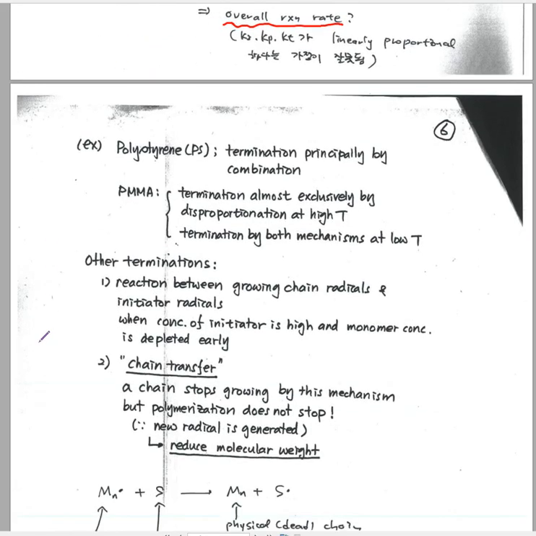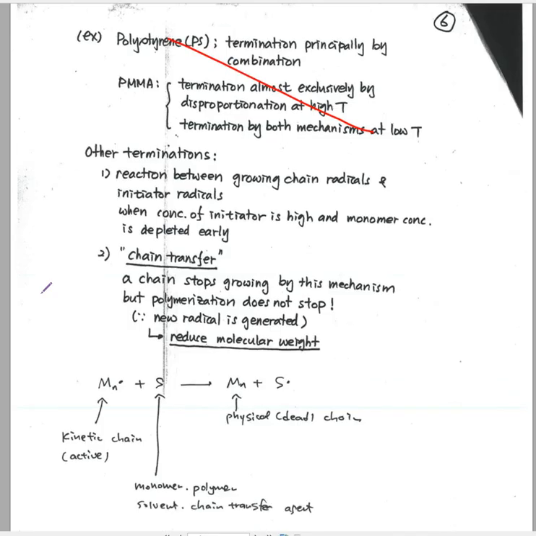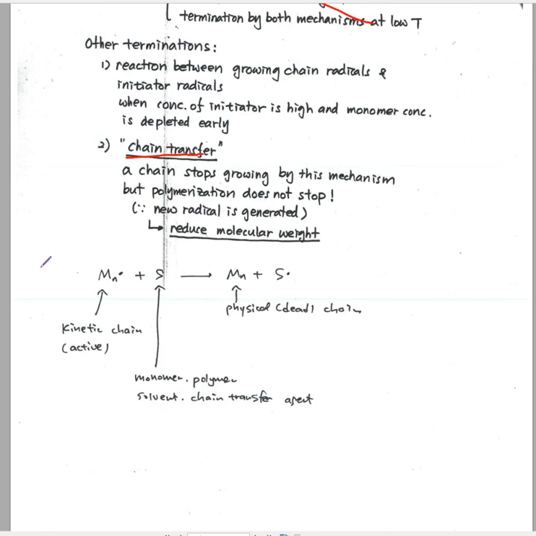I'll skip this part, and we have just seen that there are two main termination mechanisms: combination and disproportionation. Another mechanism is called chain transfer. As the name indicates, the radicals are transferred to another species. For example, say we have a growing chain with a radical.